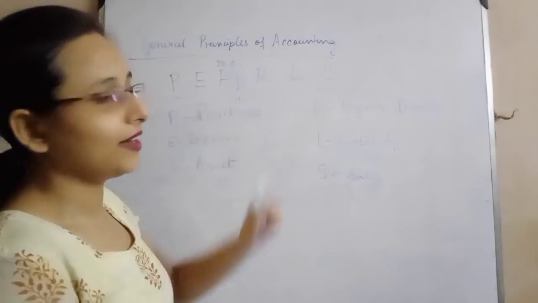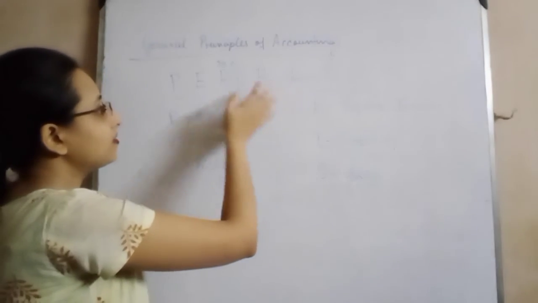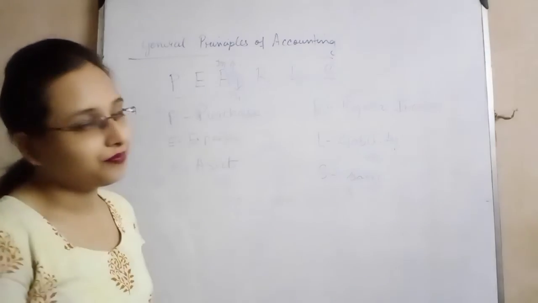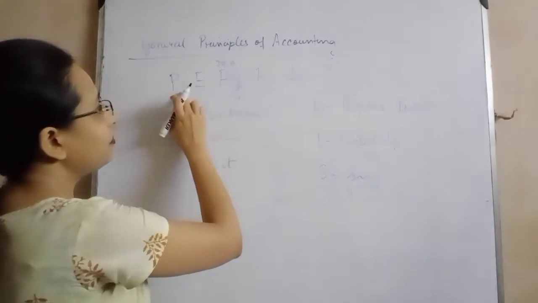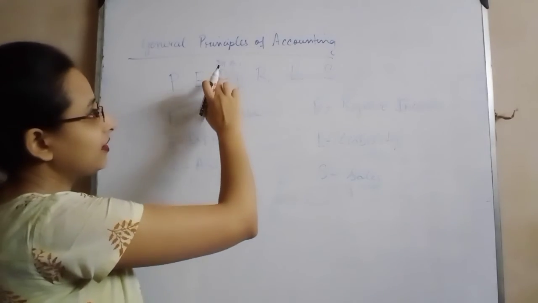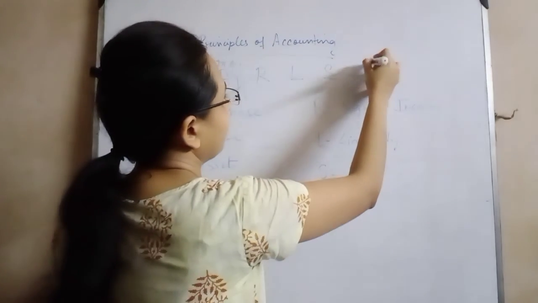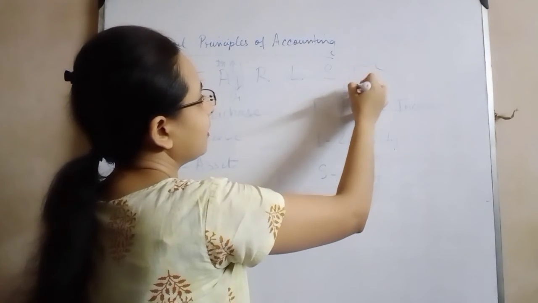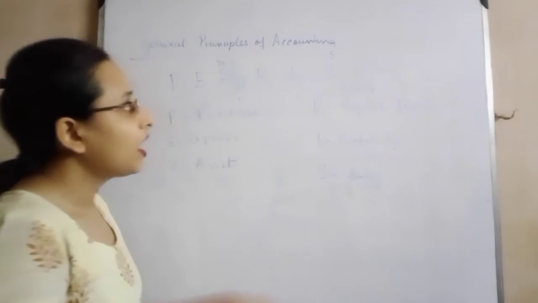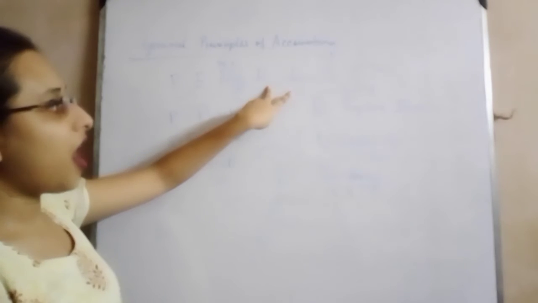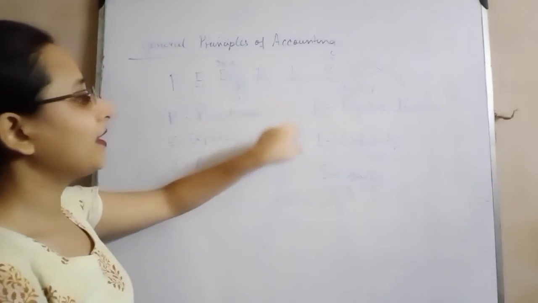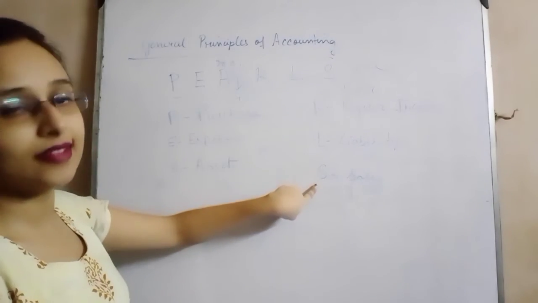Coming to RLS, this is just the opposite of PEA. As I told you, if PEA increases, it will be debit. RLS, if it increases, it will be credit. If it decreases, it will be debit. R is regular income, L is liability, S is sales.